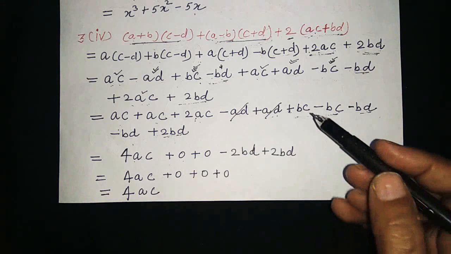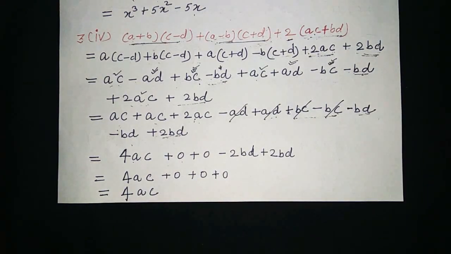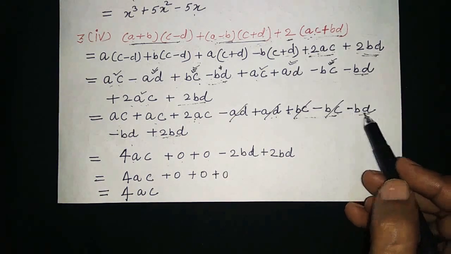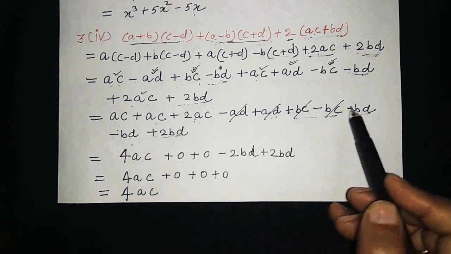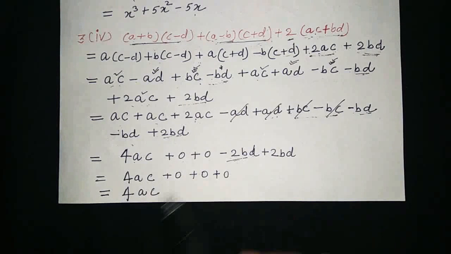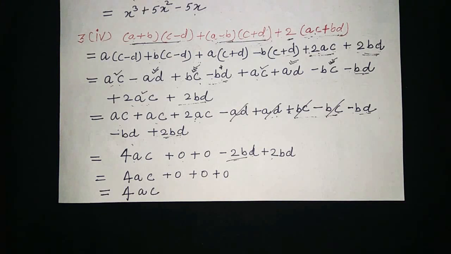Now plus bc and minus bc, for this you can write 0. And minus bd and this minus bd, if you solve, you will get minus 2bd. Now this plus 2bd you will write.